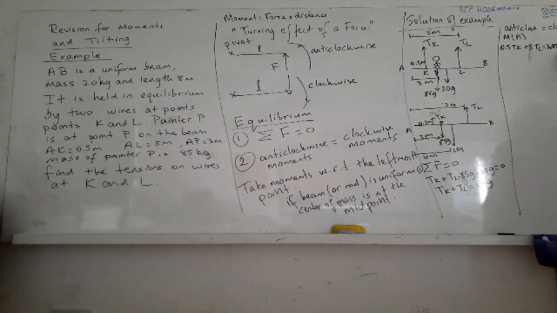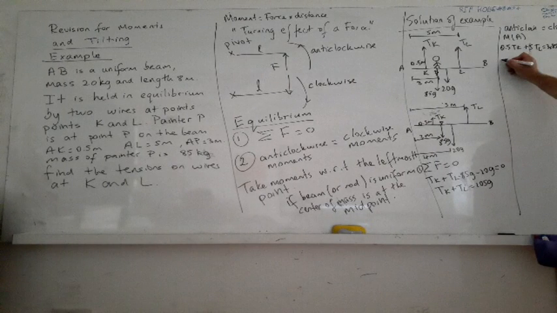And the distance of 20G is 4 meters. So we have 0.5 Tk plus 5 Tl is equal to 335 G.